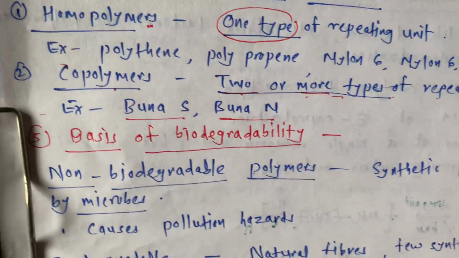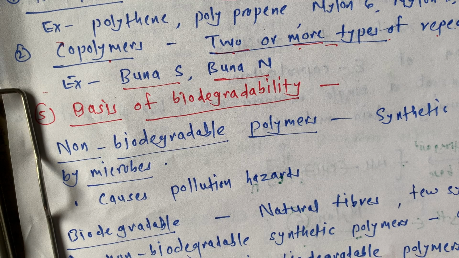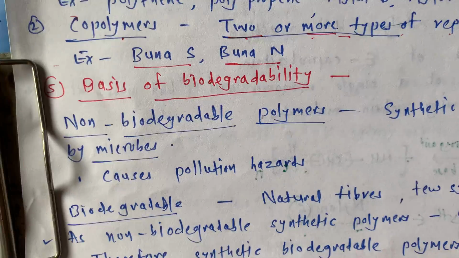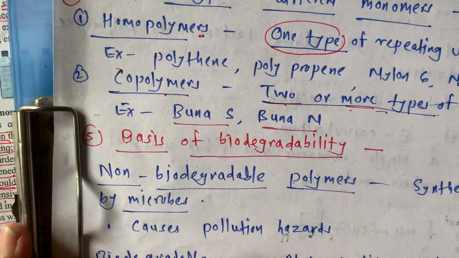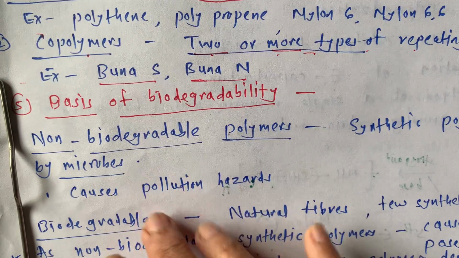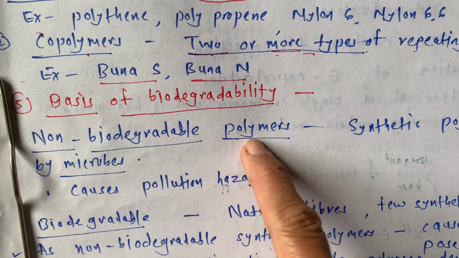Now next is very important, and this is based upon biodegradability. We know what is biodegradable. So first of all we will see non-biodegradable polymers. What is this?